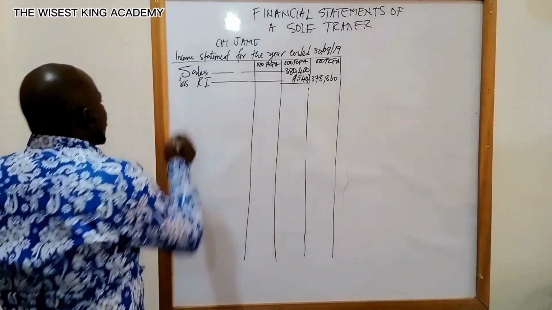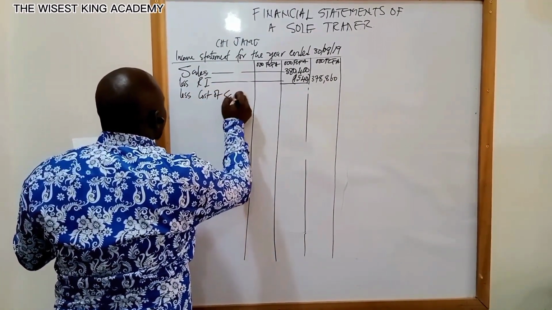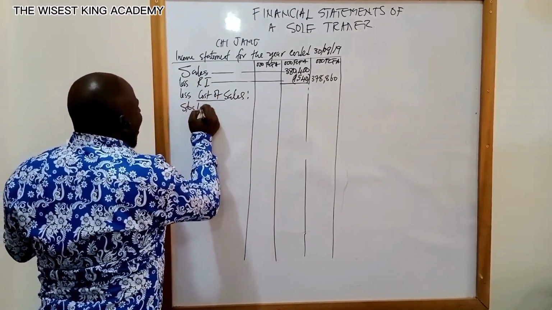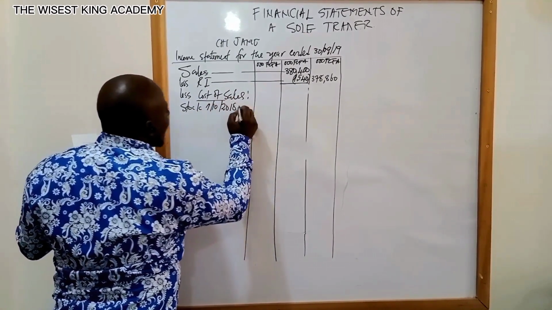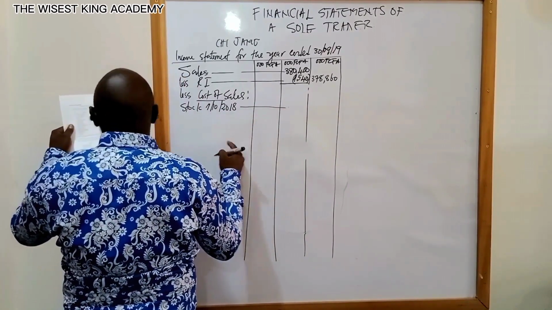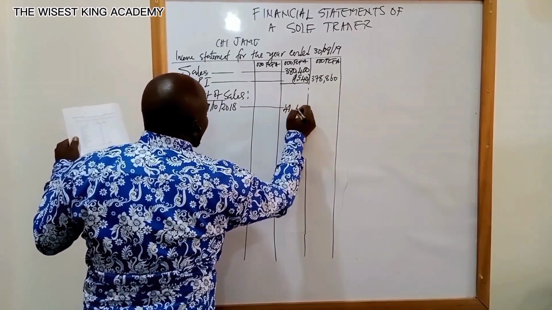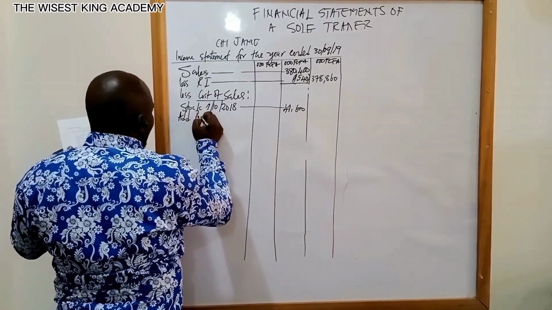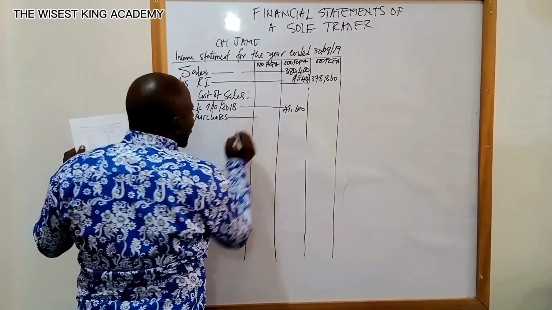So we go straight to less cost of sales. We start with stock as at 1st of October 2018. We take it to the middle column. The opening stock value is 41,600. Now we add our purchases. The question we ask is, are there returns outwards? Yes.